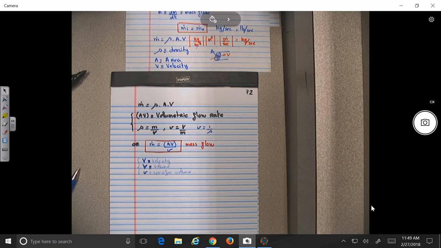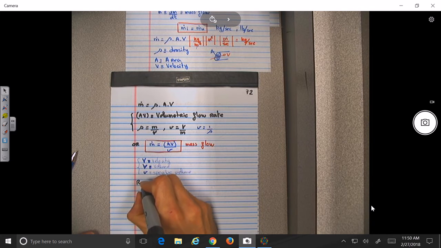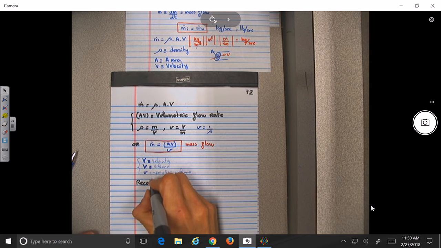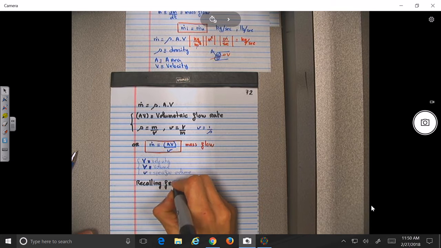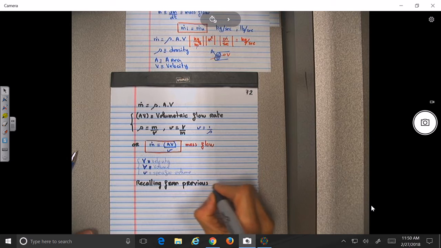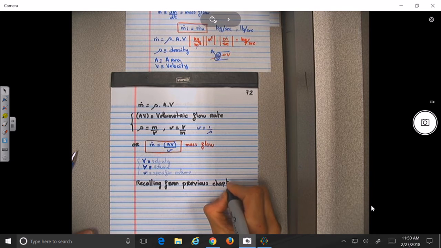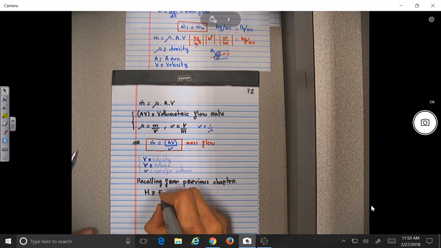Okay, so we talk about all those volumetric flow rates and so on. And maybe what I can tell you here, since we have some space, recalling from previous chapter, what is H? The enthalpy.